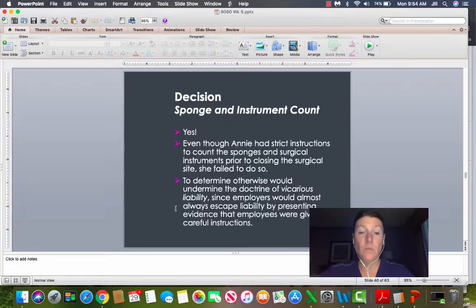So the employer is vicariously liable for her actions. Now, sometimes there will be situations where a person is acting in a criminal nature outside of the scope of their work, and there would not be liability on the part of the hospital. But the majority of the time in malpractice cases, you're looking at hospitals and healthcare organizations being vicariously liable for the actions of their employees.